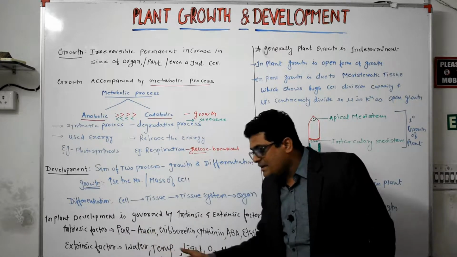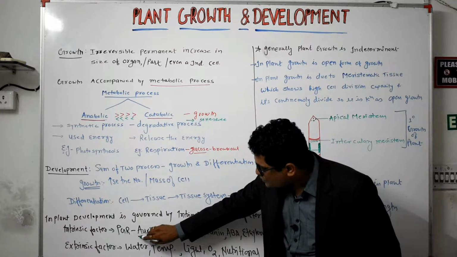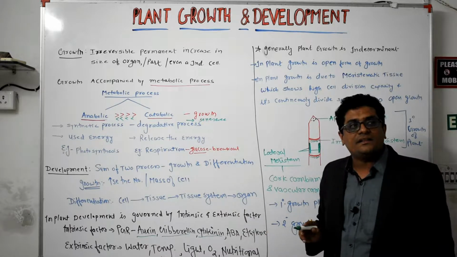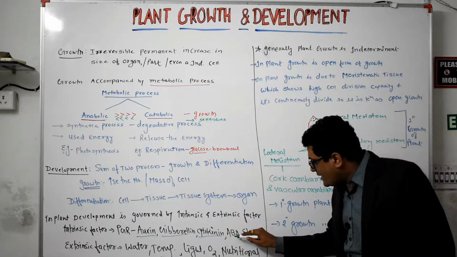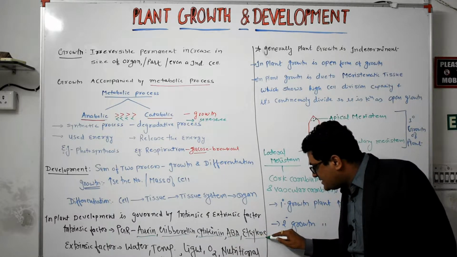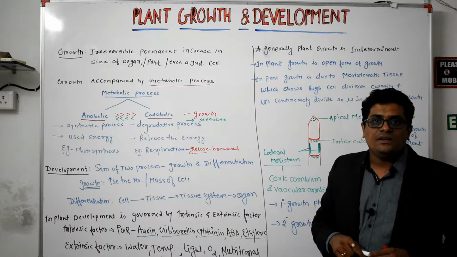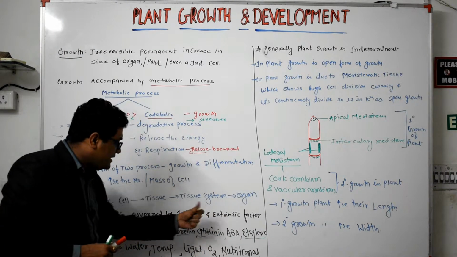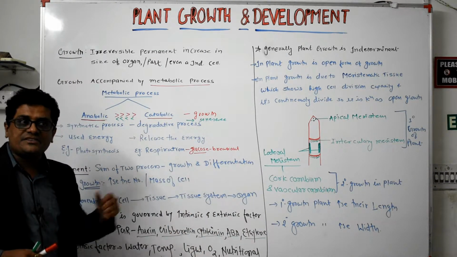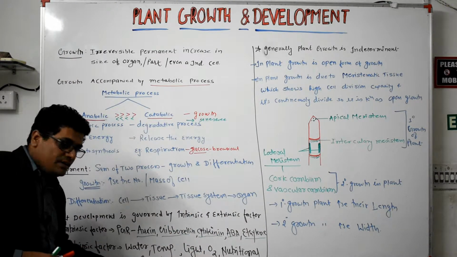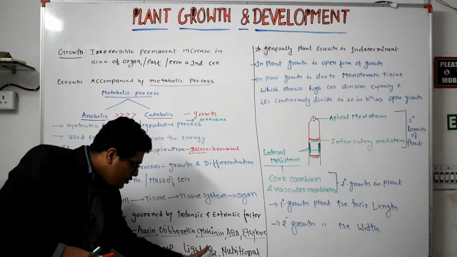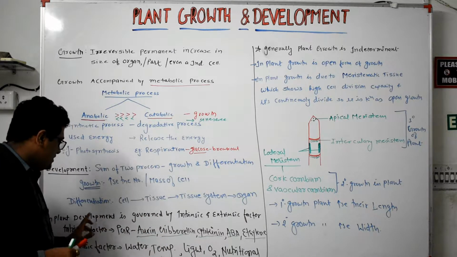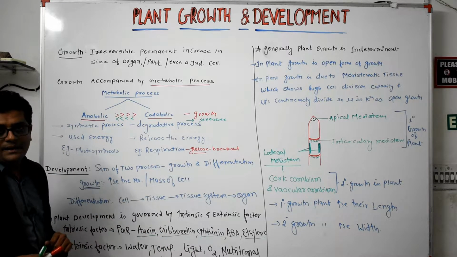These three are the plant growth promoters, whereas abscisic acid and ethylene are the plant growth inhibitors. They are synthesized by the plant, that's why they are intrinsic factors. Whereas the extrinsic factors are water, temperature, light, O2 and nutrition. These are the external factors which affect the development of the plant.